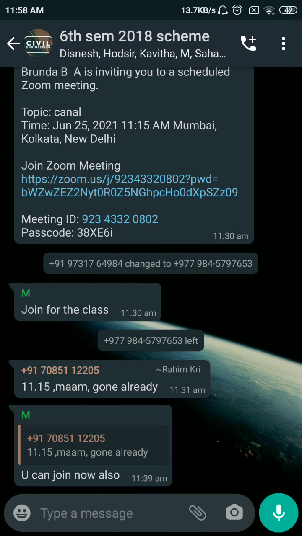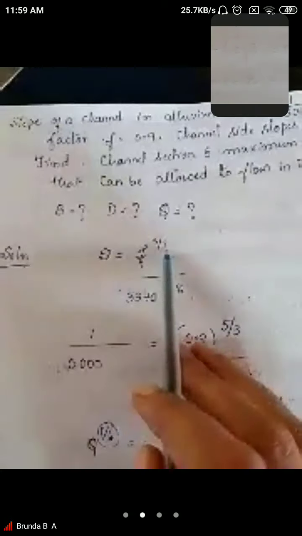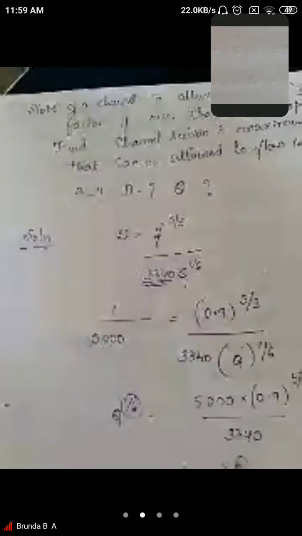velocity. Then you have seen he has given many expressions, right? To find the bed slope of the canal, he has given the expression f power 5 by 3 divided by 3340. Nowhere has he specified what this value 3340 is. The value he has taken is completely empirical.